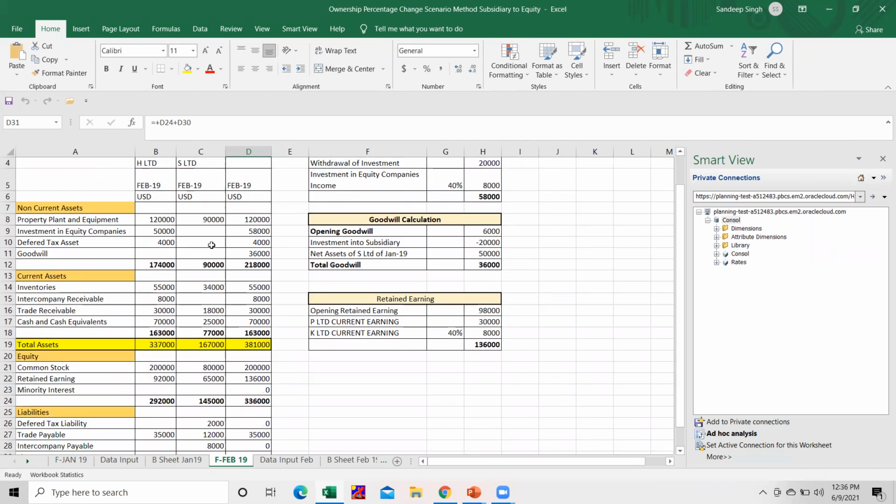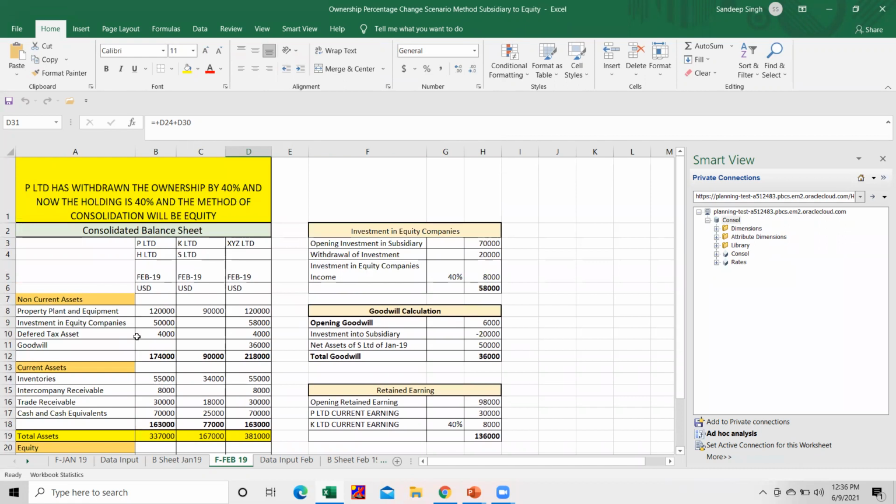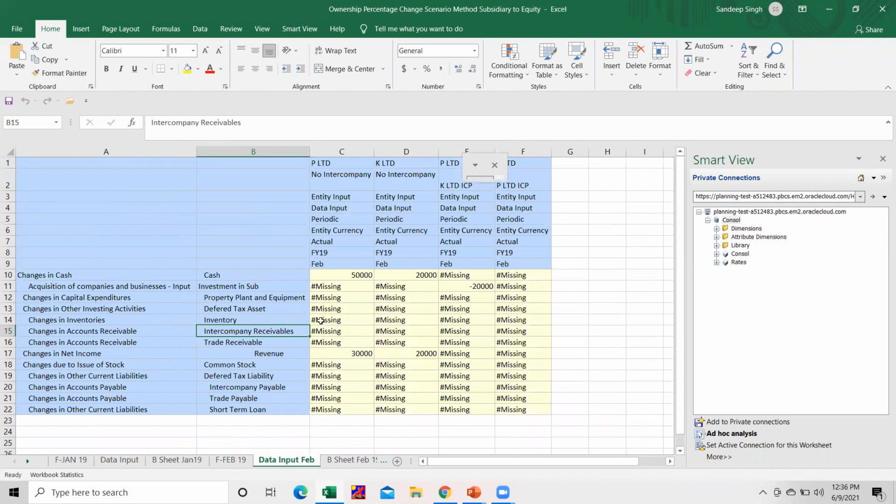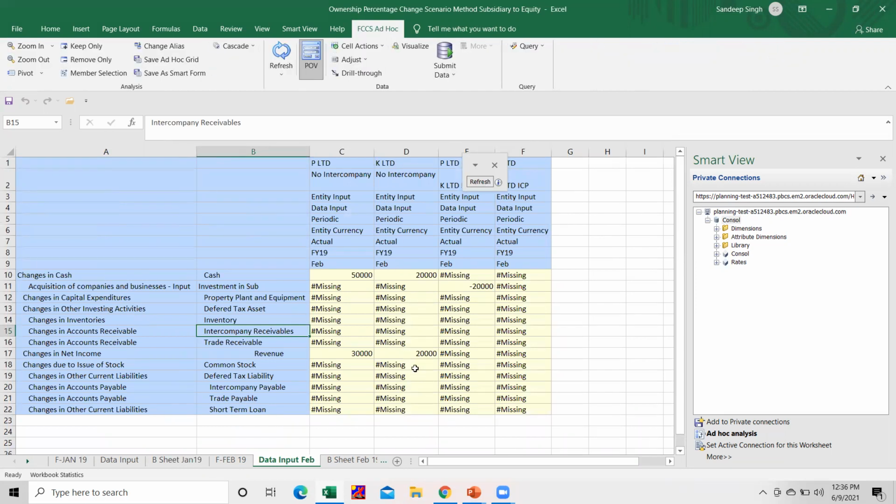This is the trial balance, and the only change I made in the month of February is the transactional numbers: in the books of K Limited, they have revenue of 20,000 and cash of 20,000. Similarly, the parent company has revenue of 30,000 and cash of 50,000. And P Limited, the parent company, has withdrawn the ownership by 40%, and by withdrawing the acquisition, they received 20,000.